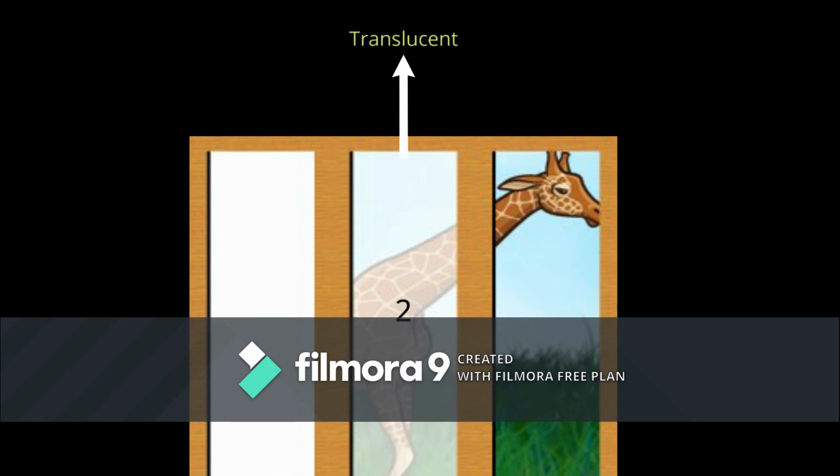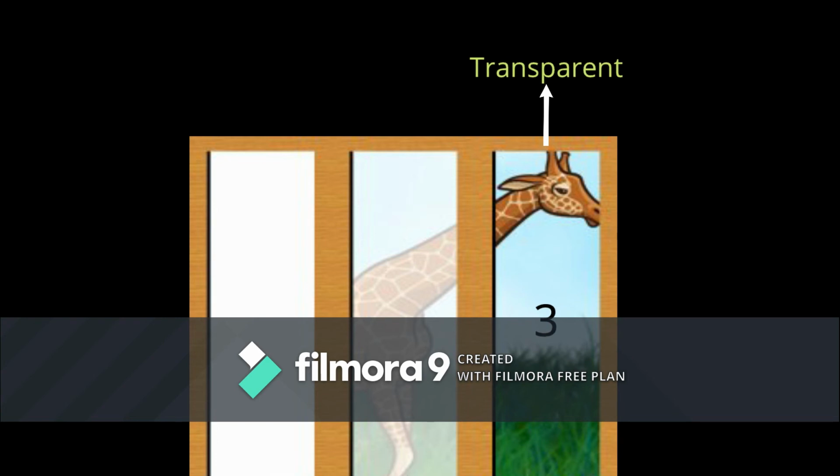The second window is a translucent object because it's allowing only a little light to pass through it. As a result, we are seeing the blur image of the giraffe. The third window is a transparent object because it's allowing all the light to pass through it, and as a result we can see the clear picture of the giraffe from the third window.